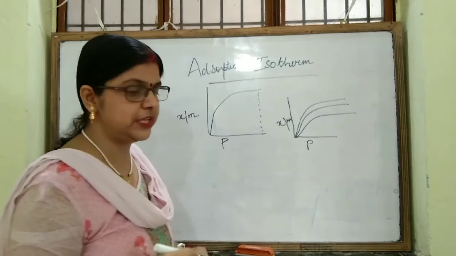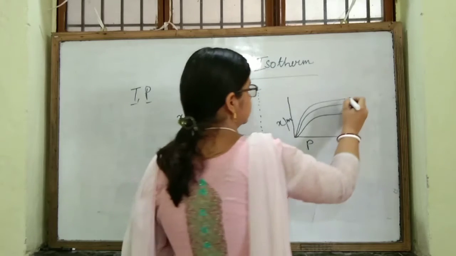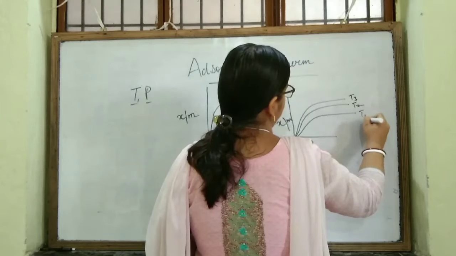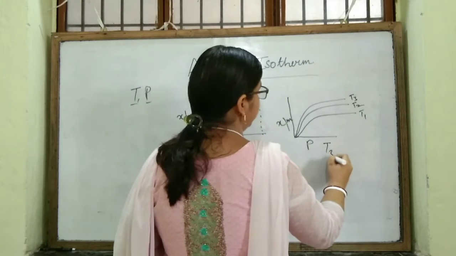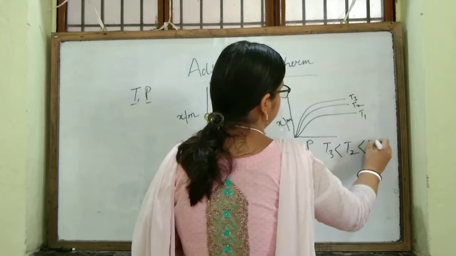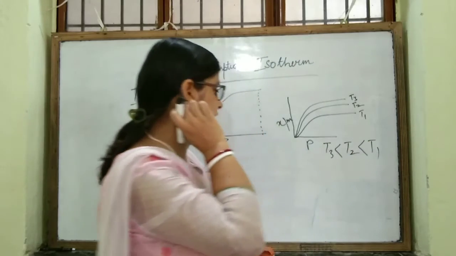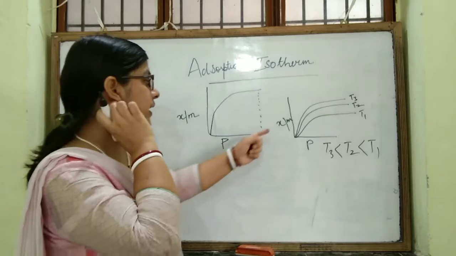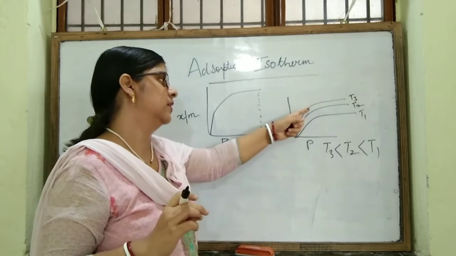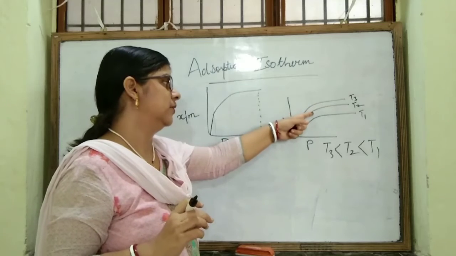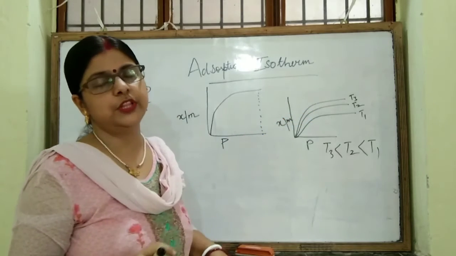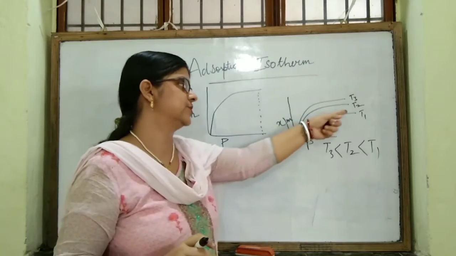For different temperatures, this is T3, T2, T1. Here T3 will be less than T2 and T2 will be less than T1. Means you get the graph at lower temperature here, then if you increase the temperature, it shifts there, and so on with the increase of temperature.